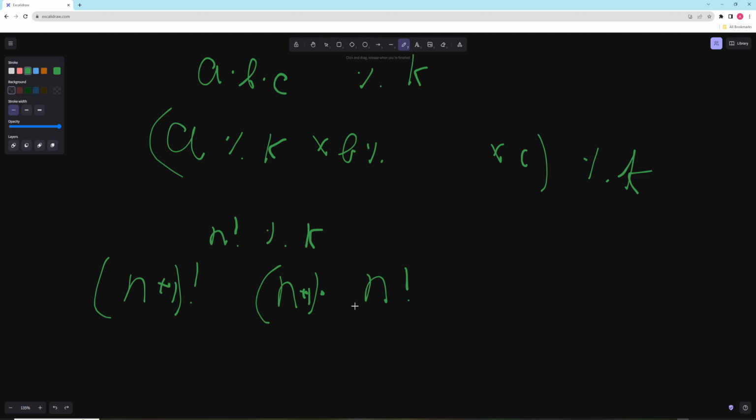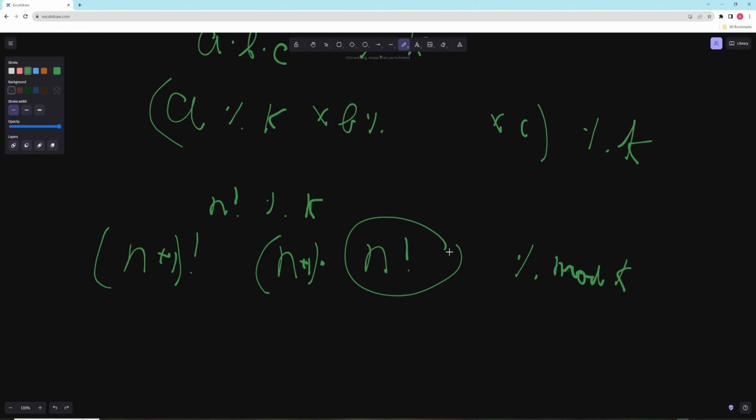But because we need the whole thing mod k, we can just store n factorial mod k, and then multiply that by n plus 1 to get n plus 1 factorial mod k. So we can just do this.